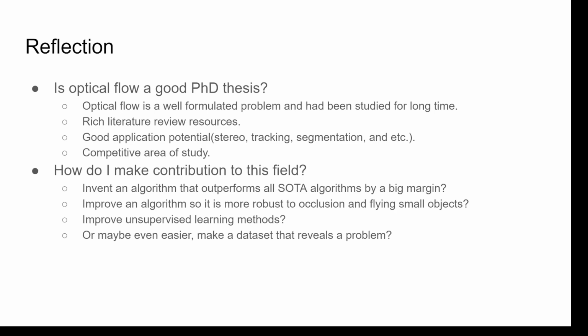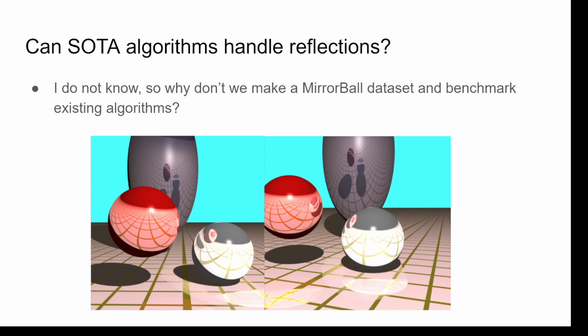Speaking of how I can make contributions, of course I can invent an algorithm that outperforms all sort of algorithms, but I don't think that's practical, especially as I just stepped into this field. So maybe even easier, can I make a dataset that reveals a problem? So for example, I want to know if SOTA algorithms can handle reflections. I can make a dataset like this, mirror balls.